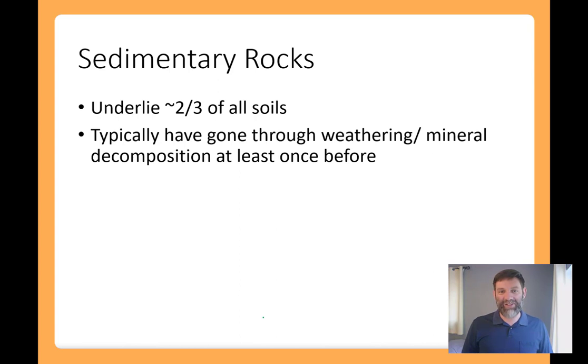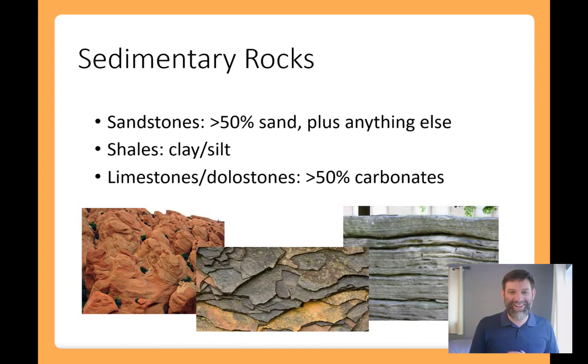The other group are the sedimentary rocks, and in terms of what's under soils, 2/3 of all soils are under sedimentary rocks. Sedimentary rocks have gone through the rock cycle. They're broken down pieces of other rocks that get transported, deposited, lithified, turned into a rock. And so you've got sandstones and shales listed on this slide here.